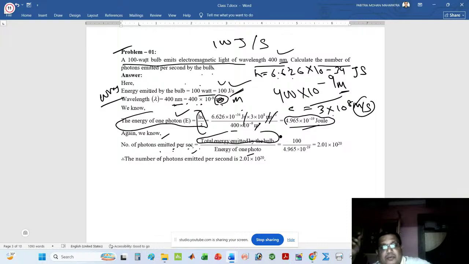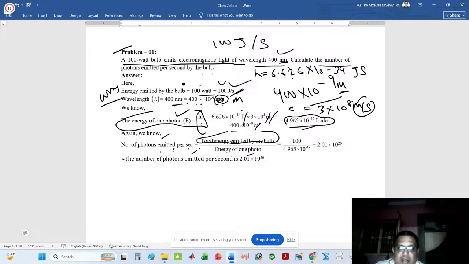How many photons are emitted? If you want to calculate how many photons are emitted per second, again I want to repeat, then you find the total energy emitted by the bulb divided by the energy of one photon.